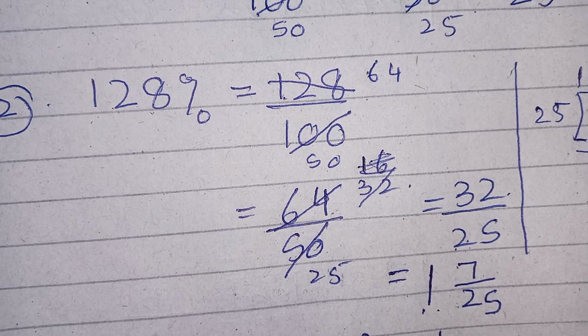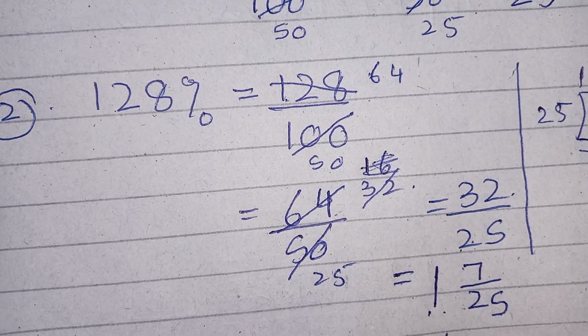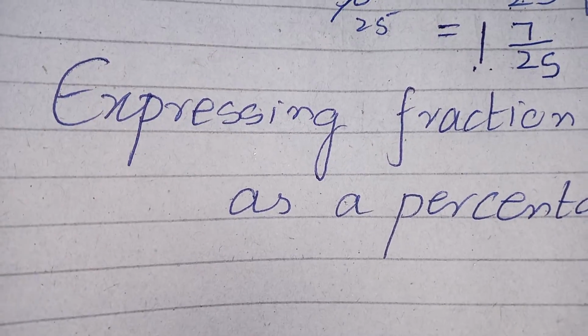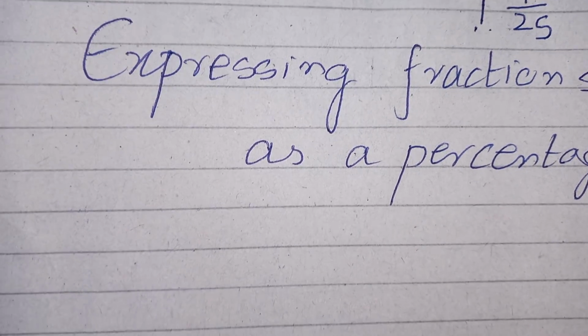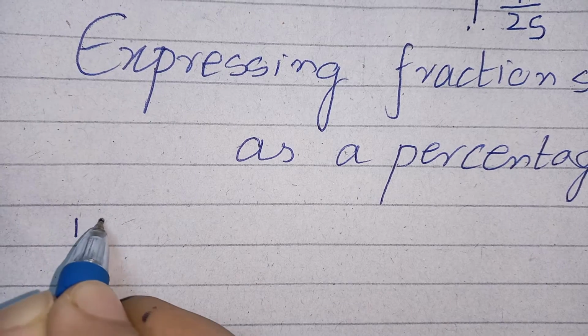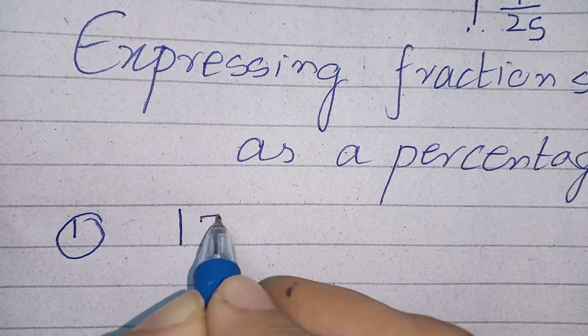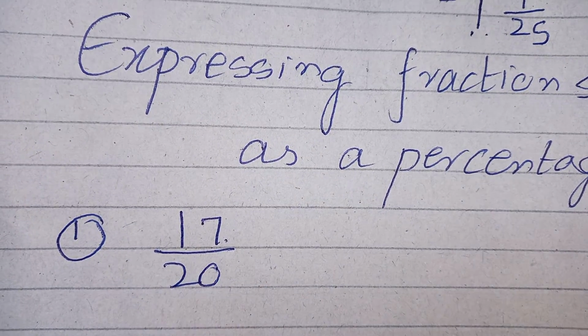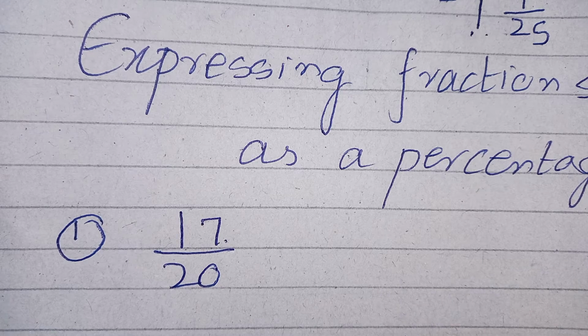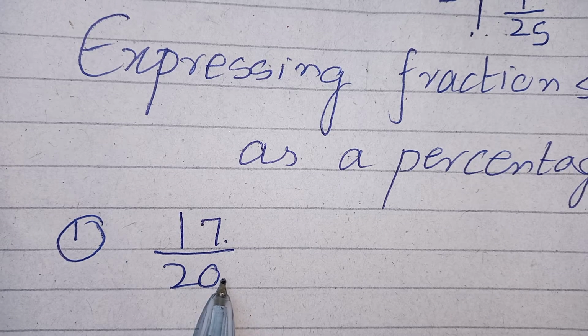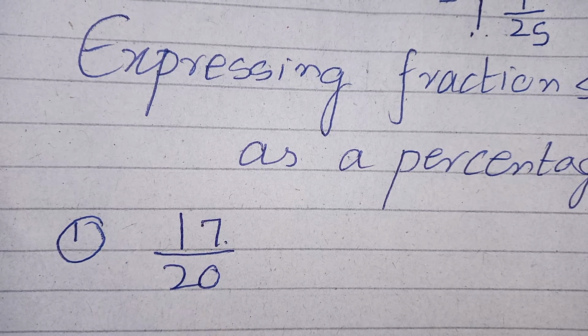Now, how can you express a fraction as a percentage? Let's start. Number 1, how can you express 17 upon 20 in percentage form? We discussed in the introduction to percentage video that we must have 100 in the denominator, because percentage is defined as 100 parts.